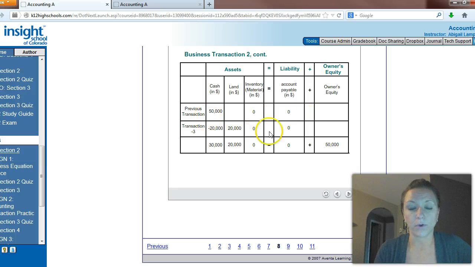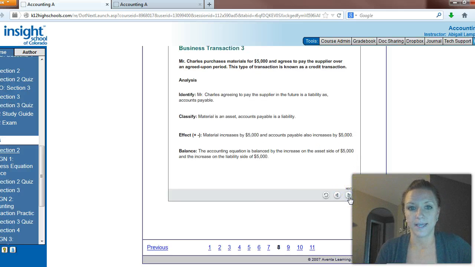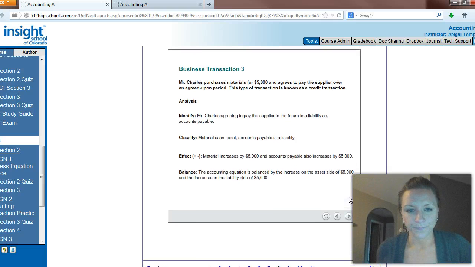So when we put both those equations together, you can see down here we have 50,000 minus 20,000 leaves us 30,000 left in cash, and then an increase in land of 20,000 gives us $20,000 down here. So 30 plus 20 is 50,000. And that stays equal to our $50,000 initial investment that we made in the business. So we're still balanced.